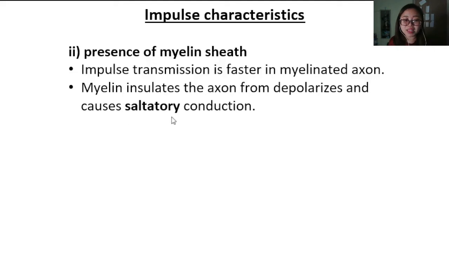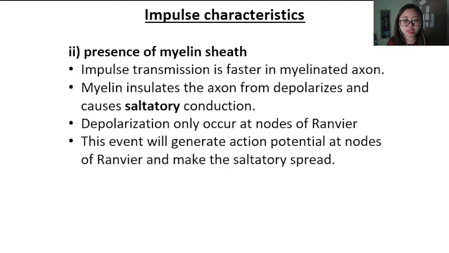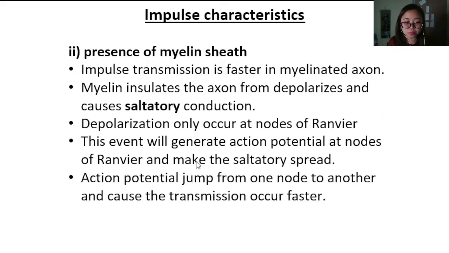Dia akan menyebabkan saltatory conduction. So, this means depolarization will only occur at the nodes of Ranvier. What this means is that this event will generate action potentials at nodes of Ranvier and make the saltatory spread. Action potential will jump from one node to another and cause the transmission to occur faster.